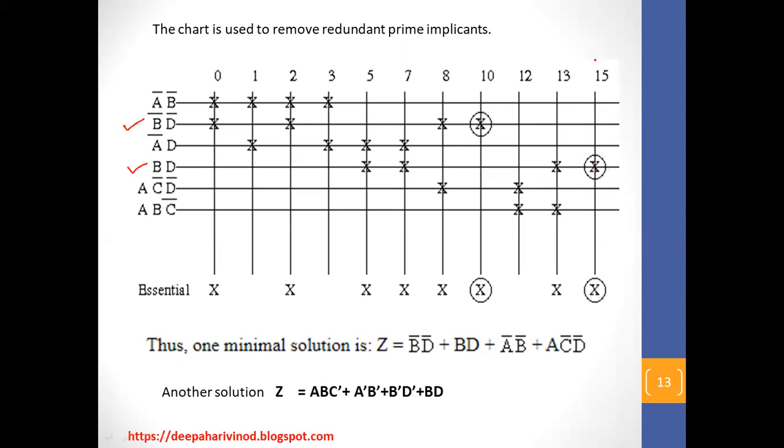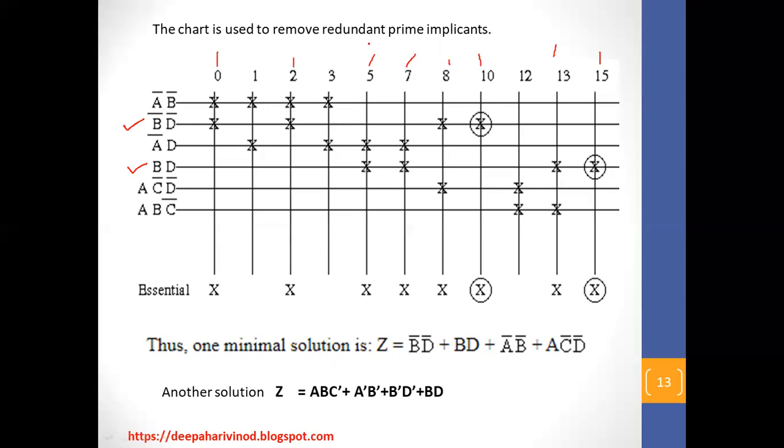So if I choose this, put a tick mark on this one and this one. If I choose this, which are all covered? 8 is covered, 2 is covered, 0 is covered, isn't it? And if I choose this one, 13 is covered, and 5 and 7 are covered.